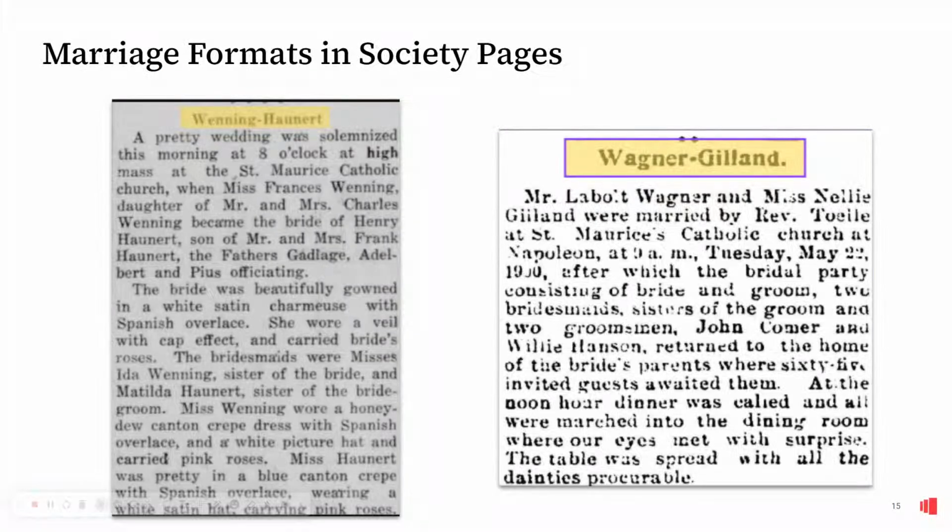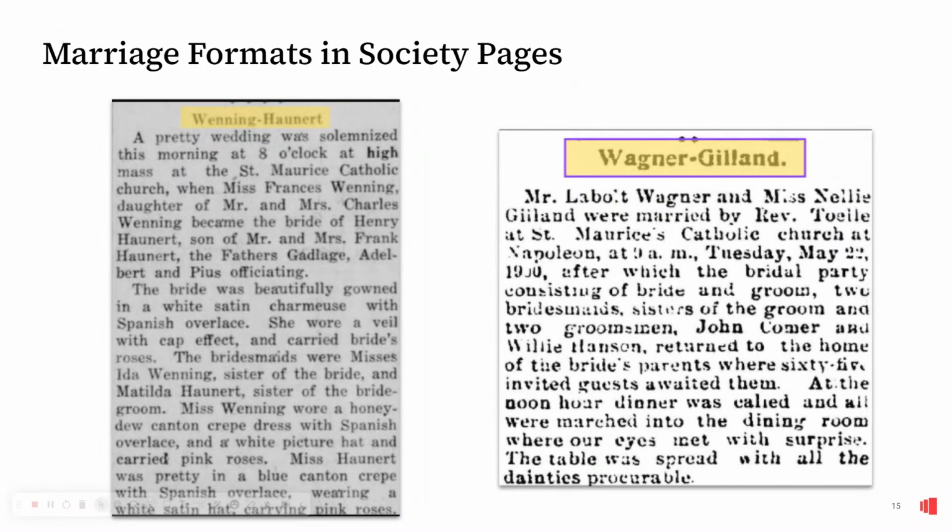Marriage formats, you find this often in society pages. I love these two examples side by side, I think, are just classic, because when you're searching for these marriage formats in society pages, there really is no rhyme or reason to whose name is first.